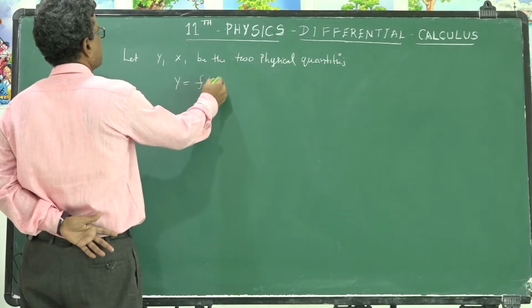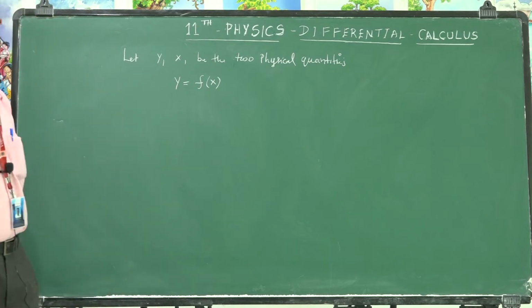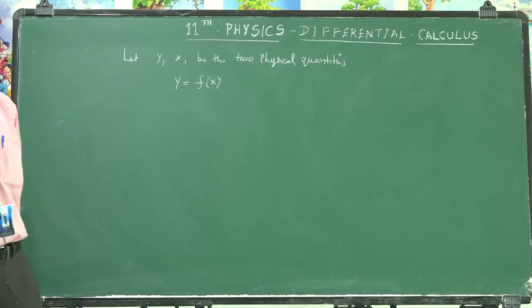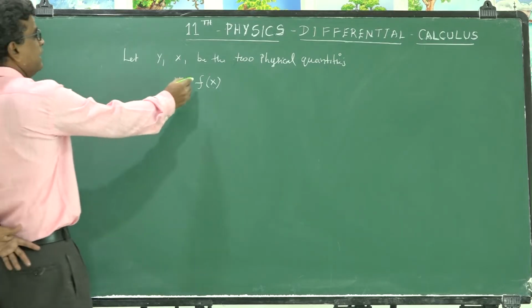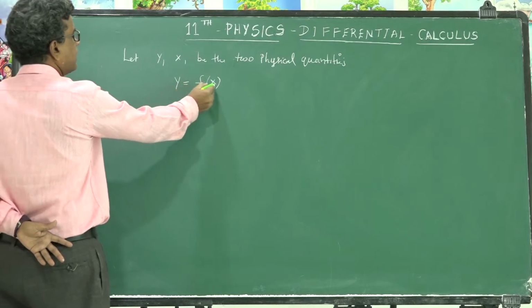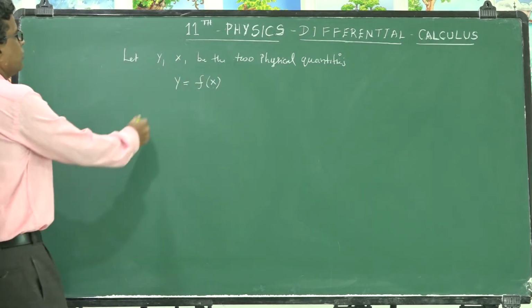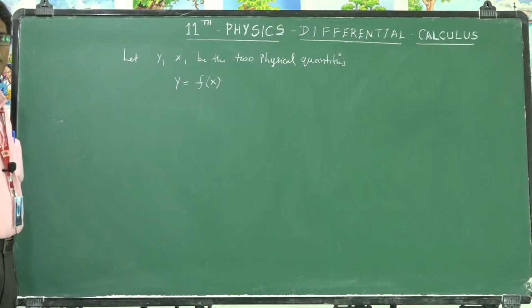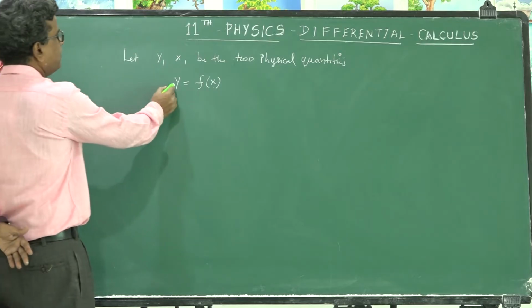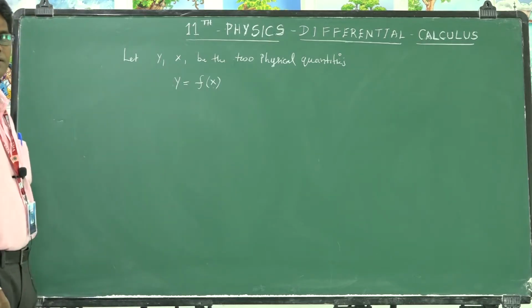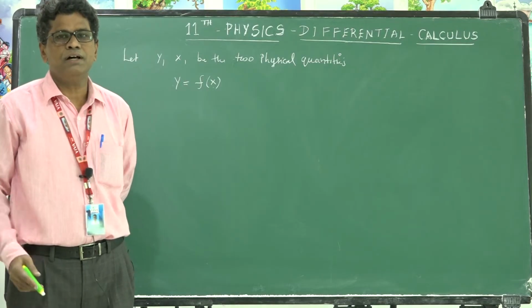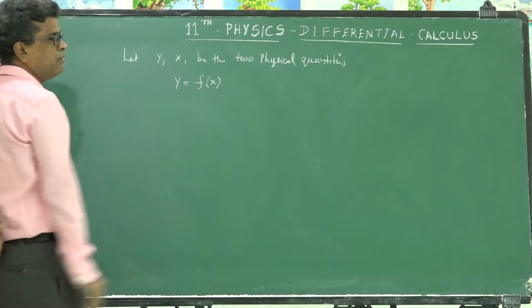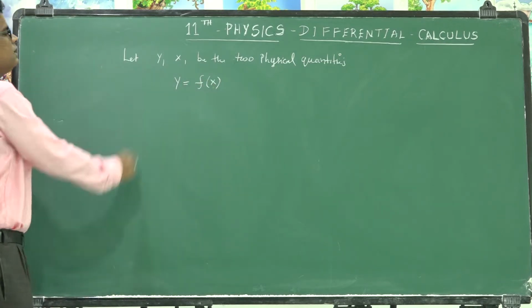Let it be a function. So this x is an independent quantity, which varies independently. When this x varies, this y also varies, because y depends on x. Let y be the derived quantity. As we learned, derived quantities depend on fundamental quantities. Okay, let x be the fundamental quantity and y be the derived quantity.